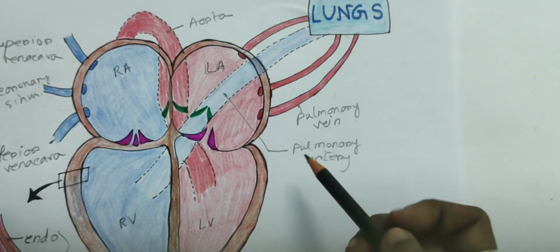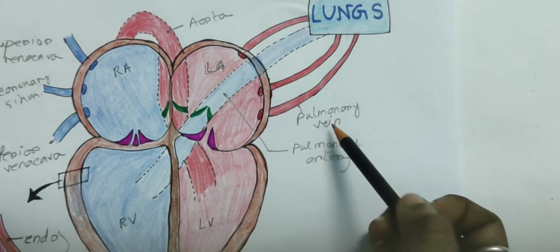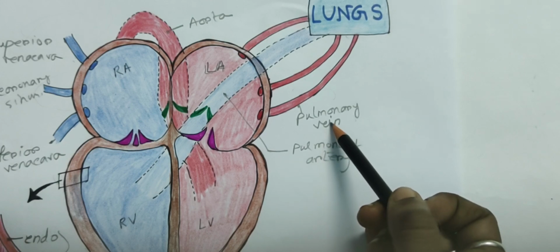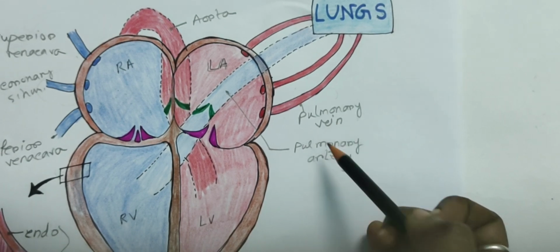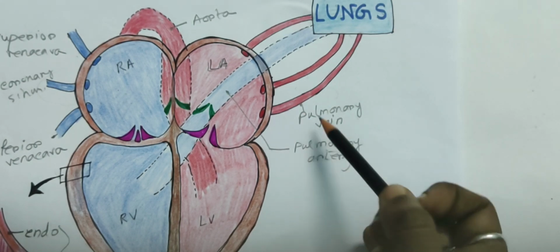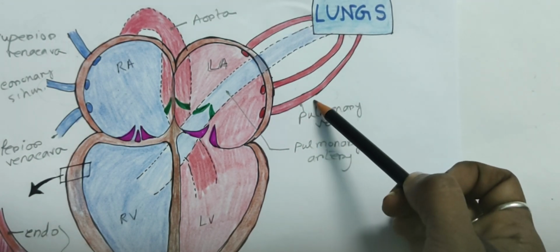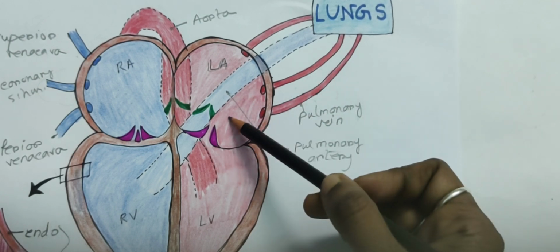Now look here: vein and artery. We all know that a vein carries deoxygenated blood and an artery carries oxygenated blood. But here is the exception. The pulmonary vein carries oxygenated blood from the lungs to the heart.